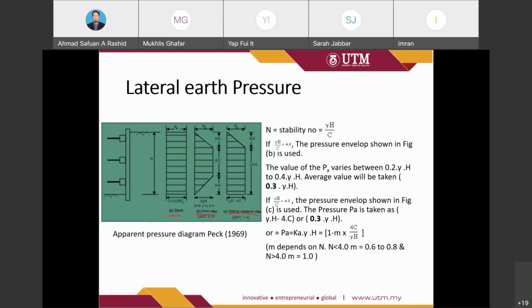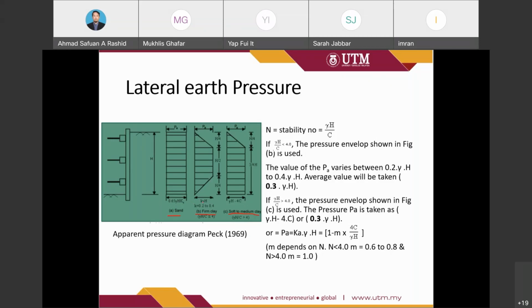So the formulas are given here to determine PA for every type of condition. For example, for sand, 0.65 times unit weight times H times KA.